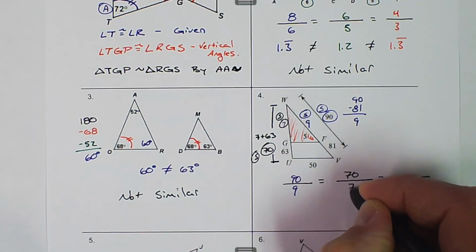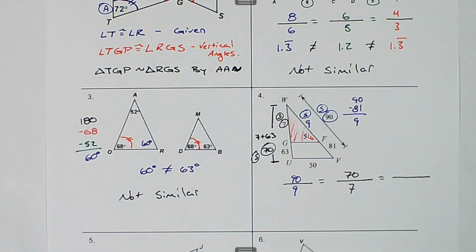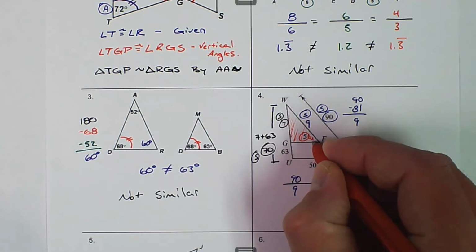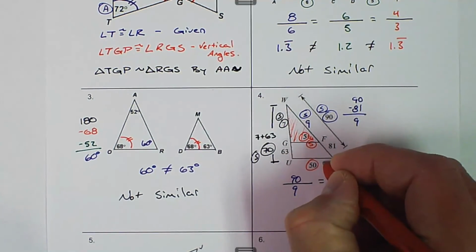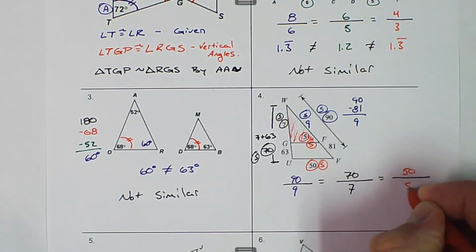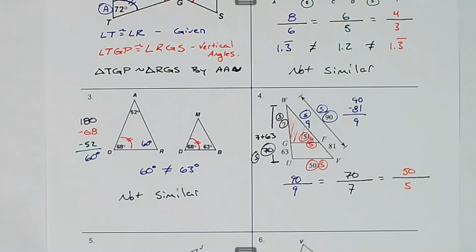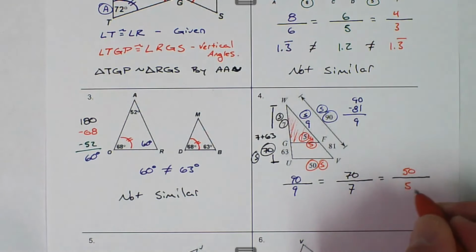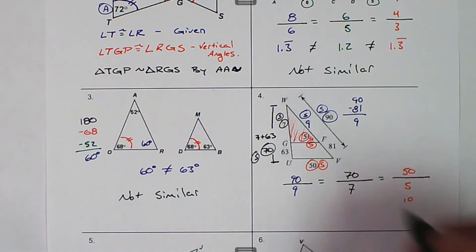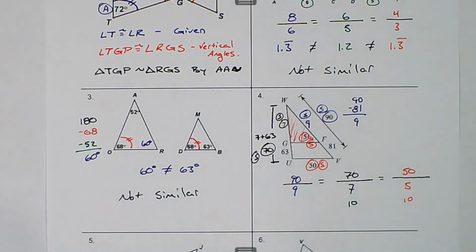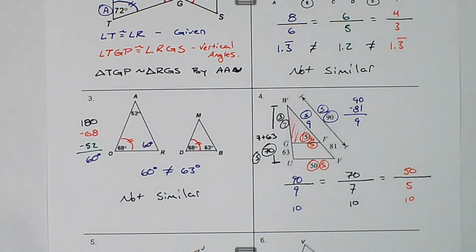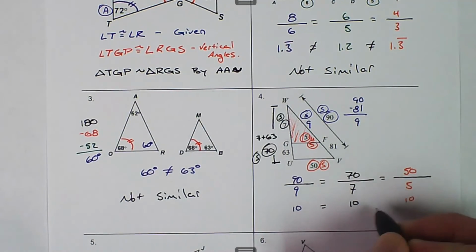So 70 over 7. And then we have 5 and 50, or 50 over 5. And then hopefully we're able to see that 50 divided by 5 is 10. 70 divided by 7 is 10. And 90 divided by 9 is 10. So these are all equal.